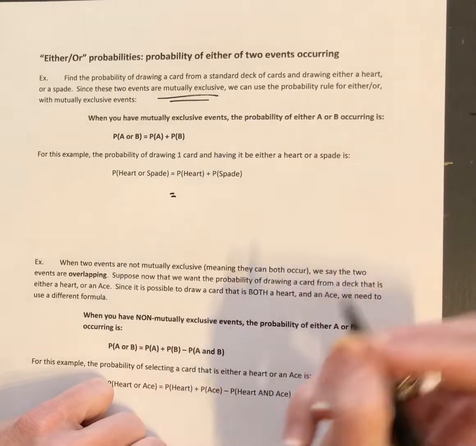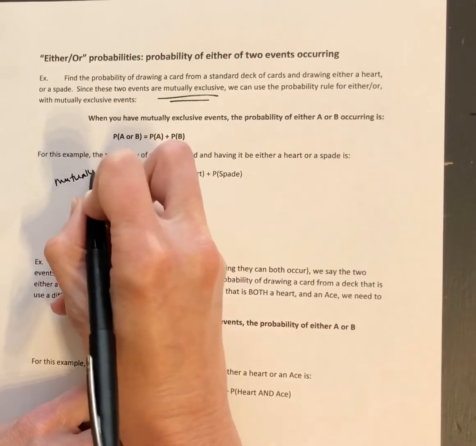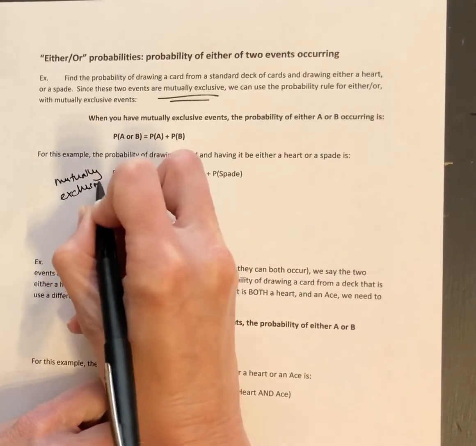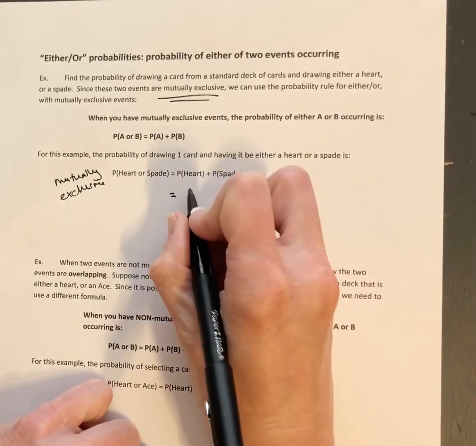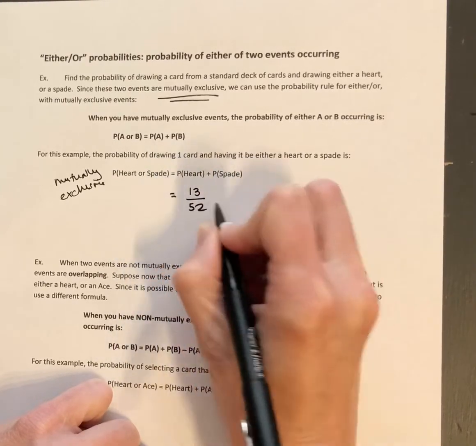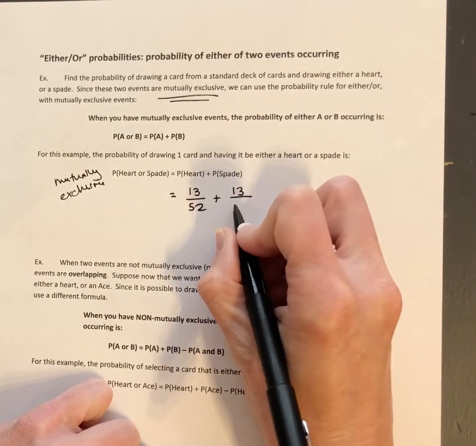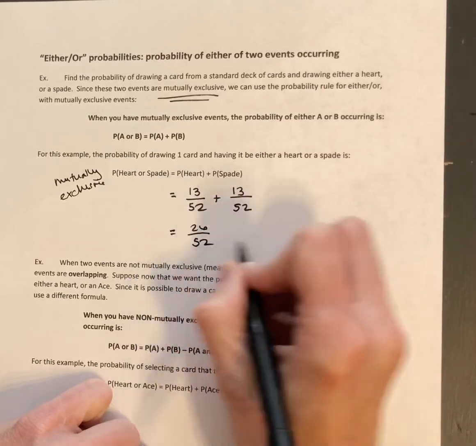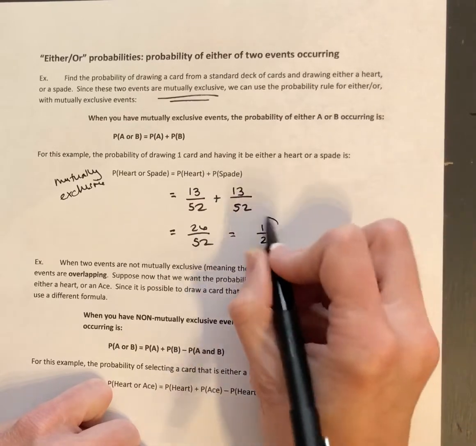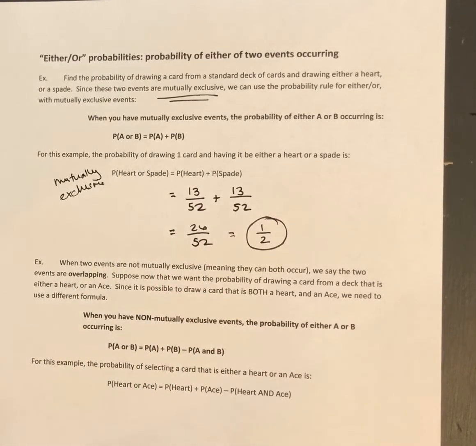So for a heart or a spade, I can just add the two probabilities. The probability of a heart, there are 13 hearts out of 52 cards. The probability of a spade, there are also 13 spades out of 52 cards. And so we get 26 out of 52, or 1/2. So that's for an "or" probability where our events are mutually exclusive.